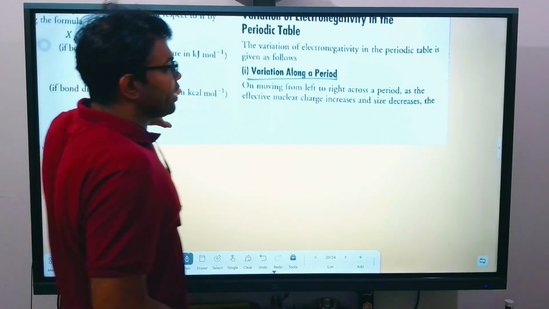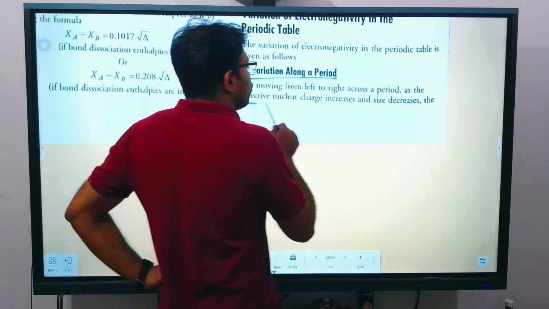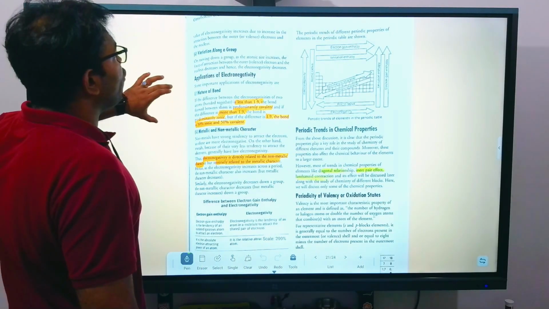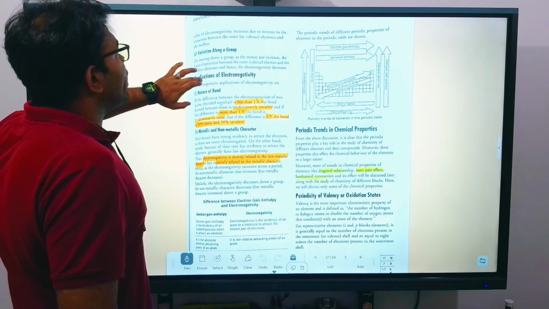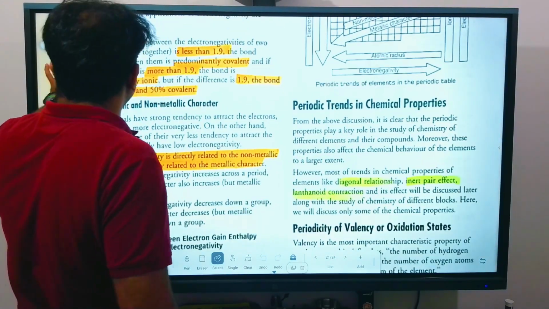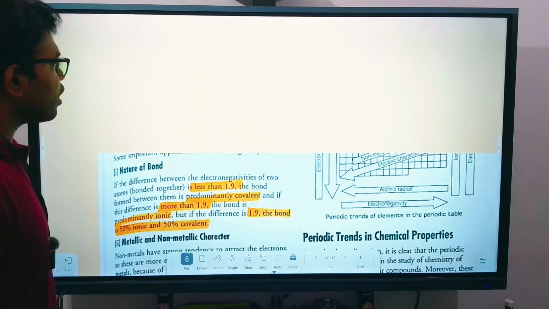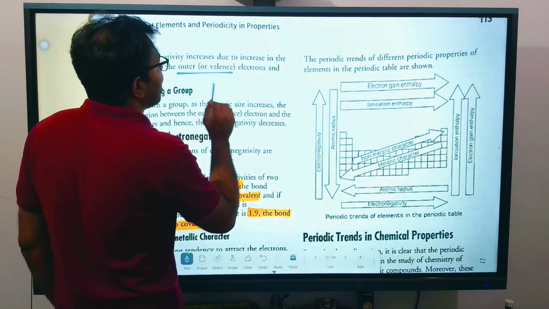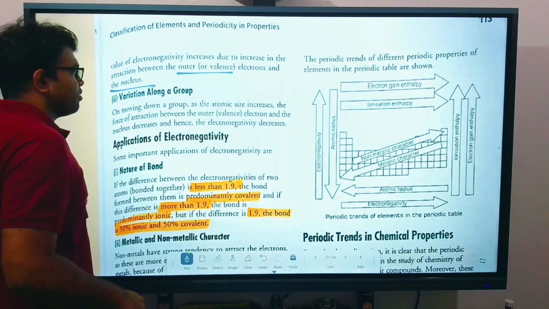On moving from left to right across a period, as the effective nuclear charge increases and the size decreases, the value of electronegativity increases due to the increase in the attraction between the outer or valence electrons and the nucleus.